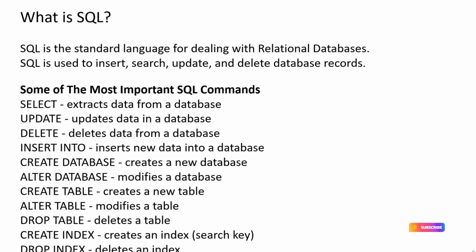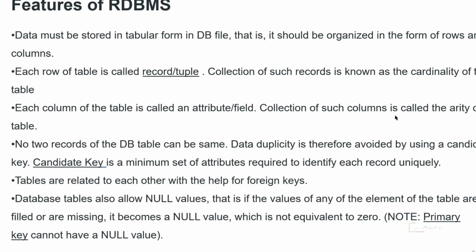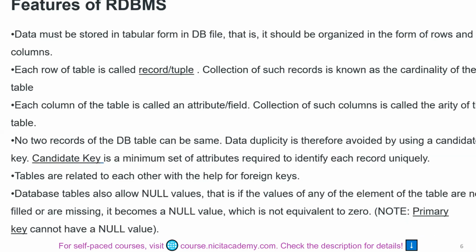Okay, and now let's go further. Features of RDBMS: as we have seen in the previous slide, we maintain the records in rows and columns. It maintains consistency among the data, and data is totally structured. But nowadays, data structure is changing a little bit and data types are also changing.